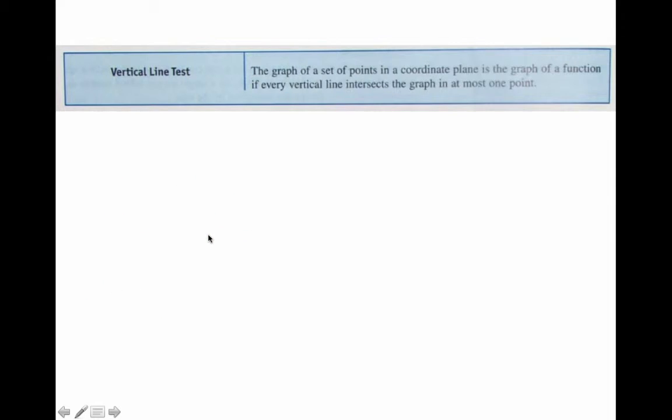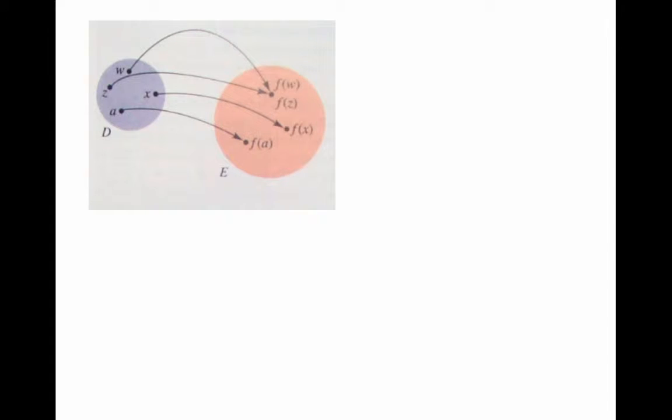Alright, some other notation, back to this previous slide. What I like about this slide is that if you have an element A in the domain, in the range it goes to a value called f of A. If you have a value x, it goes to a value f of x. If you have a value z, it goes to f of z. In this case, f of w is also the same value as f of z, and that's fine.